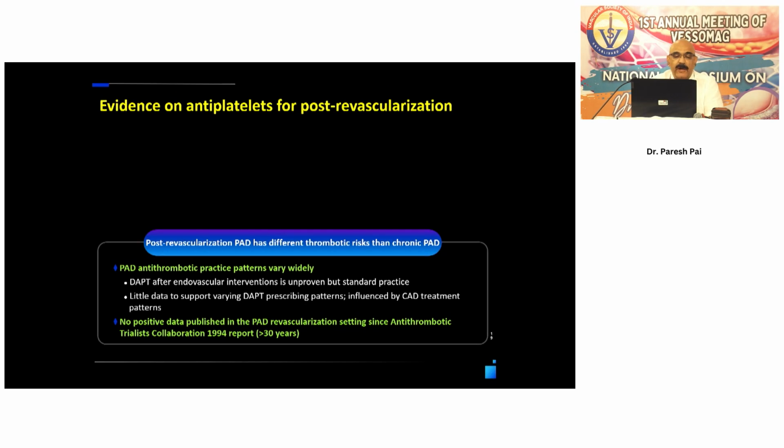So what is the evidence for antiplatelet therapy post-revascularization? Not necessarily related to drug eluting, but any procedure that we do. PAD antithrombotic practice patterns vary widely.